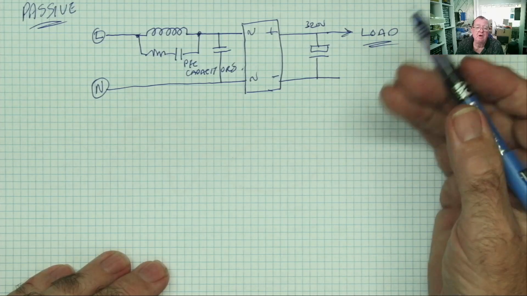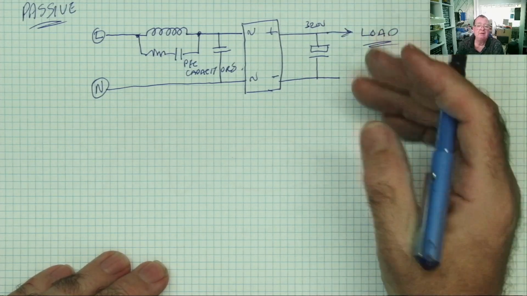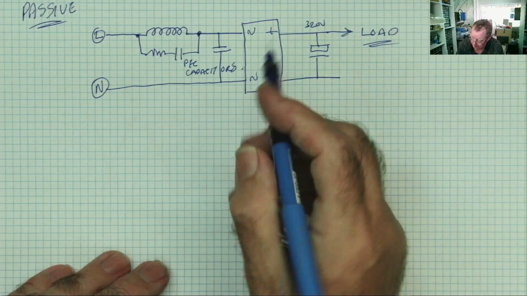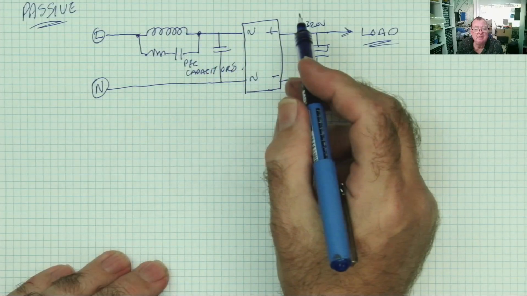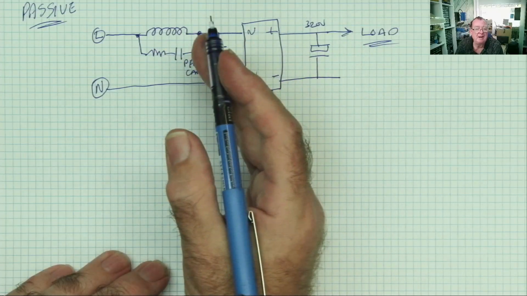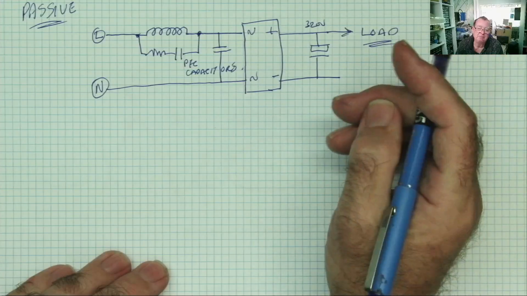In this case, the load will be the switch mode power supply itself, which drops that voltage from 320 down to 5, 12, whatever you need. The point of this circuit effectively is to try to get the current and the voltage back into phase, because your inductive load is shifting it by 90 degrees.